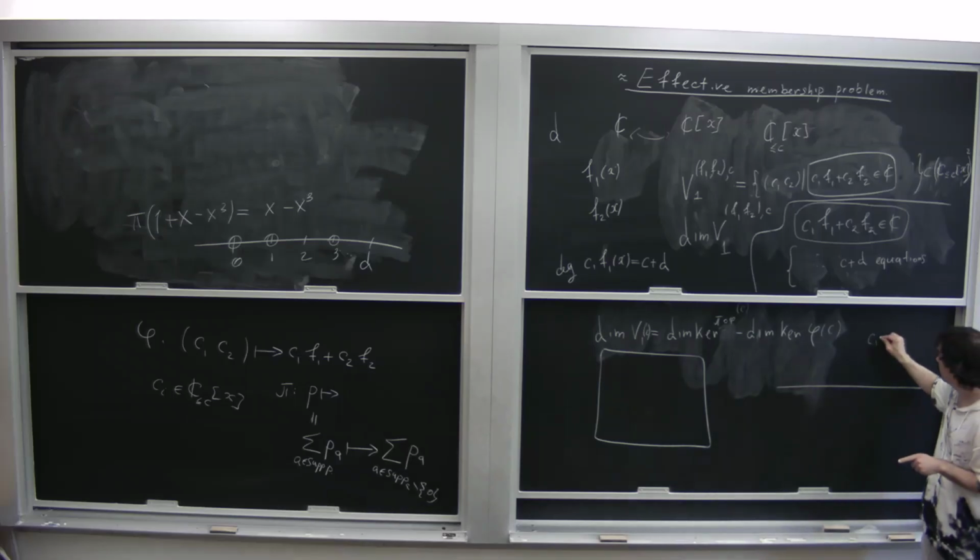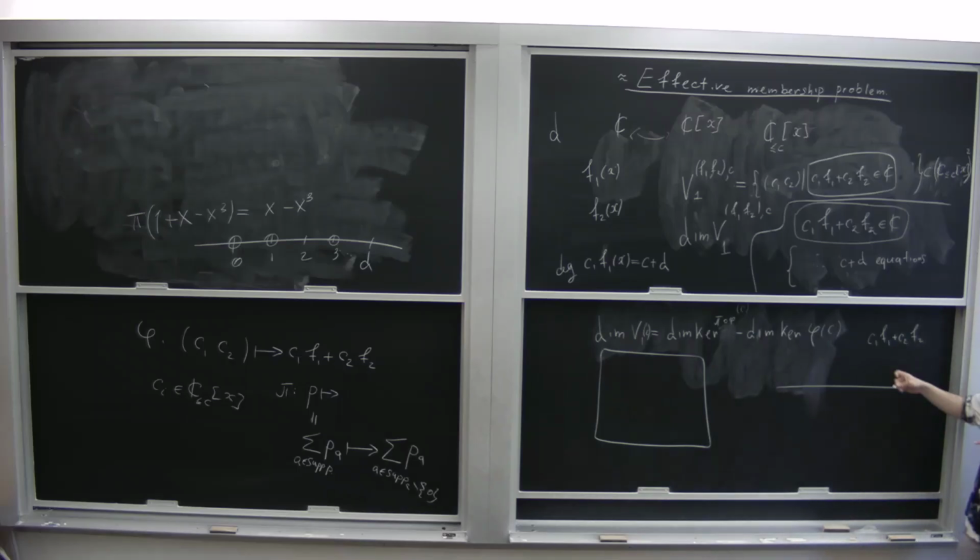some polynomial. Of course, it's going to consist of monomials, and each monomial will be multiplied by a linear combination of coefficients of C1, coefficients of C2, and coefficients of F. And if we want them to be 0, then each monomial transforms into some linear conditions imposed on the coefficients of C1 and C2.